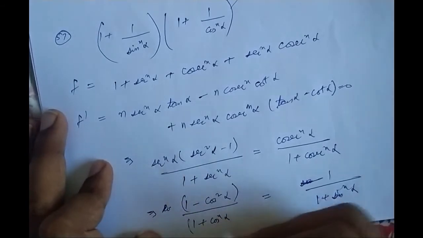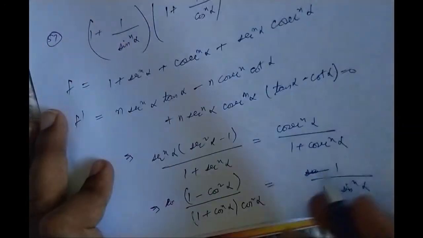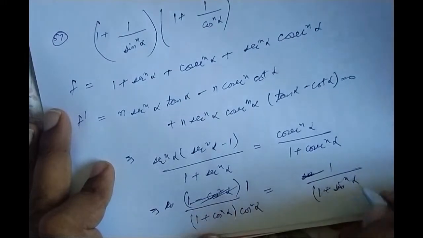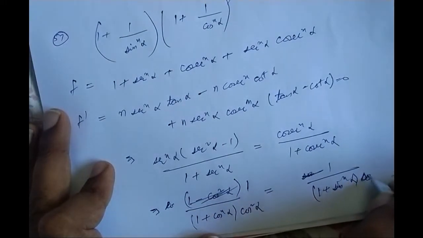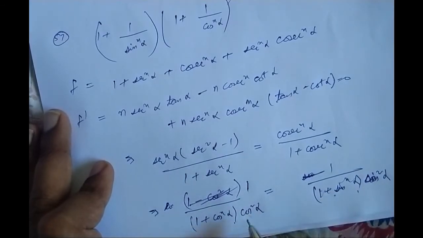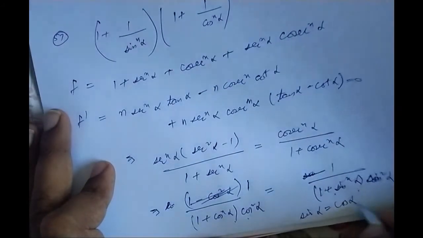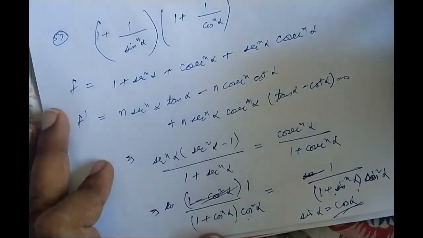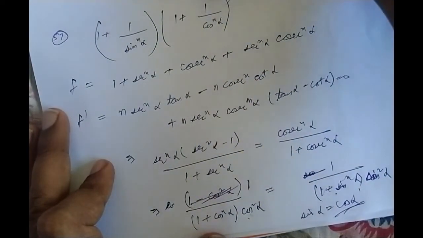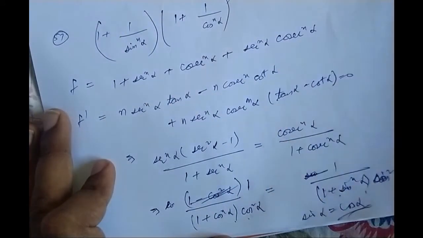Okay, so this would be cos square alpha. If we compare these two equations, bring it over here, sine square alpha. Comparing LHS and RHS, we see that sine alpha equal to cos alpha. Okay, so alpha has to be pi by 4.